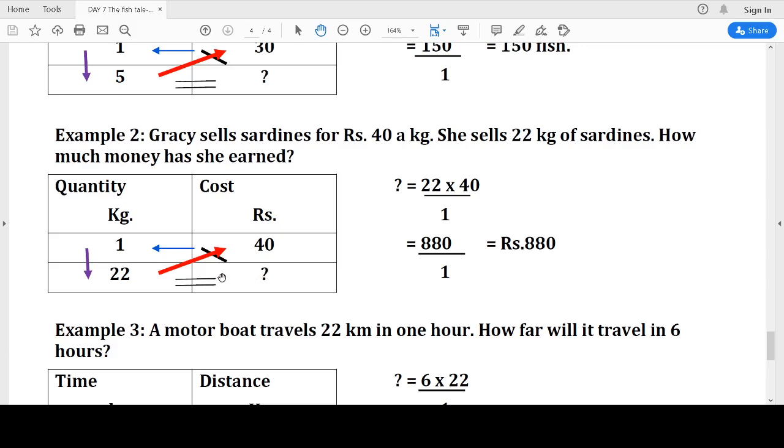Question mark is equal to 22 into 40 divided by 1. Always follow this path. 22 fours are 88 and this 0 follows here. So 880 divided by 1 makes rupees 880. So Gracie sells 22 kg of sardines for rupees 880.